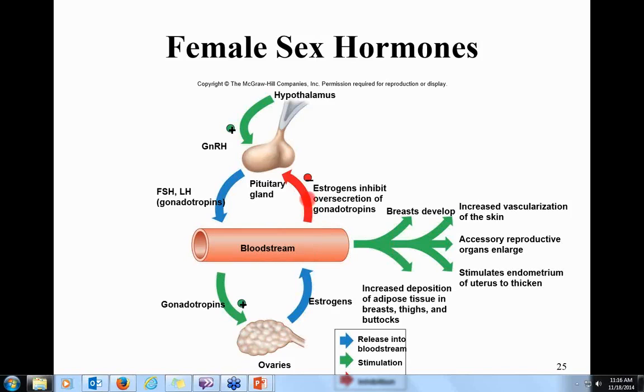Now, estrogen will come back in a negative feedback loop and inhibit the release of both gonadotropin releasing hormone and follicle stimulating hormone. But once estrogen is in the bloodstream, you're going to get all the secondary sex characteristics, such as hips and breasts and other things.